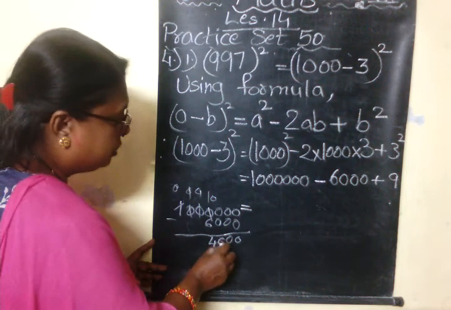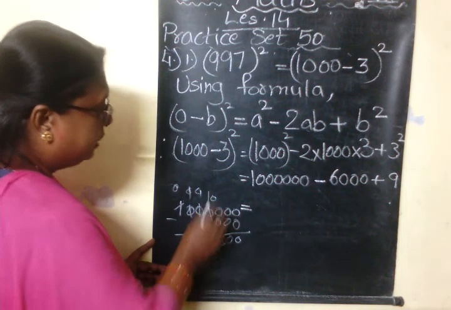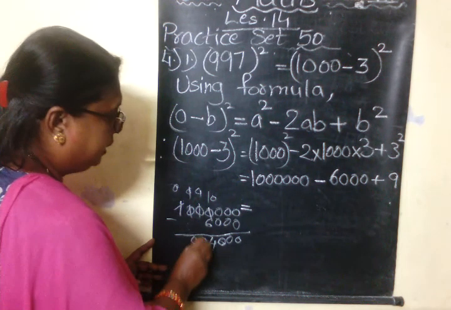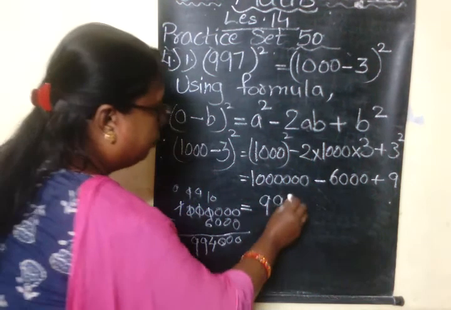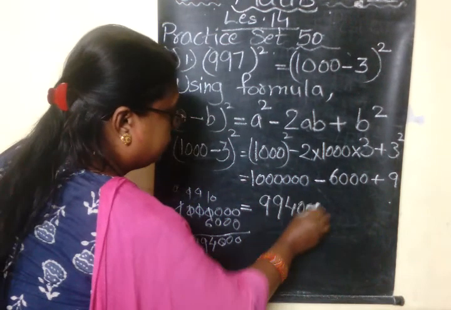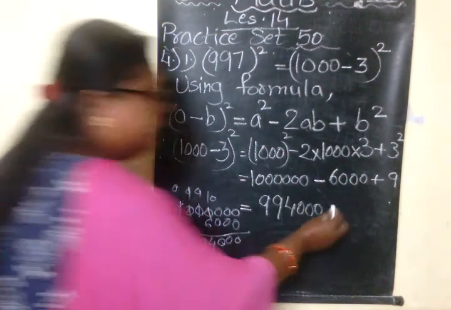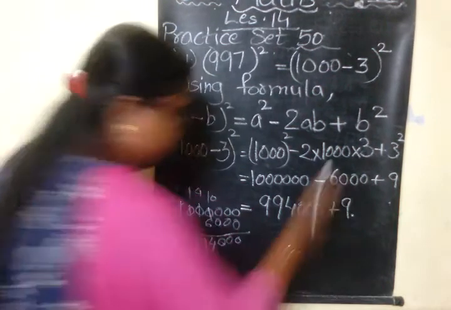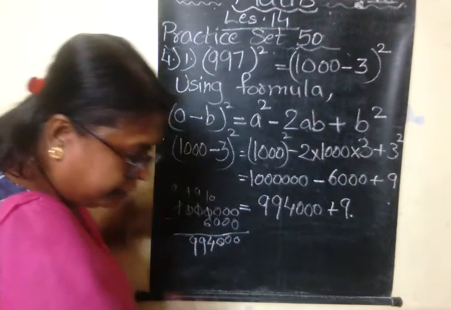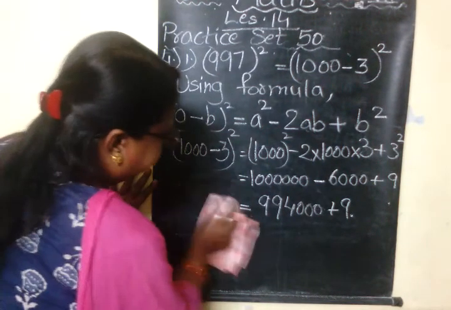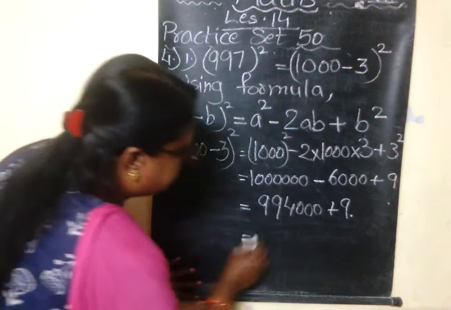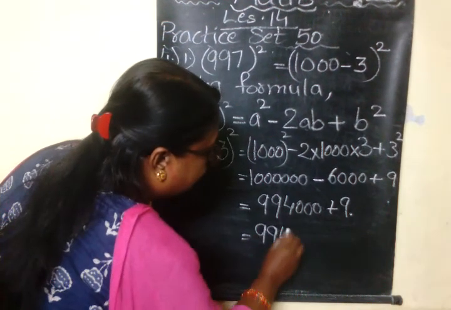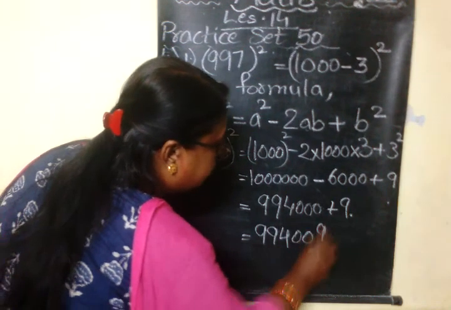This is 0, children. 9, 9, so 9,94,000 will be the answer, plus 9. To this you just have to add 9. So the answer becomes 994,009.